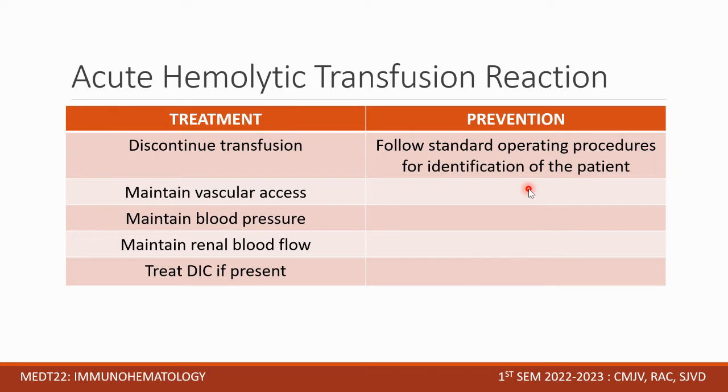Because the most common cause of acute hemolytic transfusion reaction is improper identification. The most severe reaction, and the most common cause of AHTR, is ABO incompatibility. ABO incompatible blood only happens when the wrong patient was transfused. It would not get past cross-matching if ABO incompatible. So, proper identification of the patient.